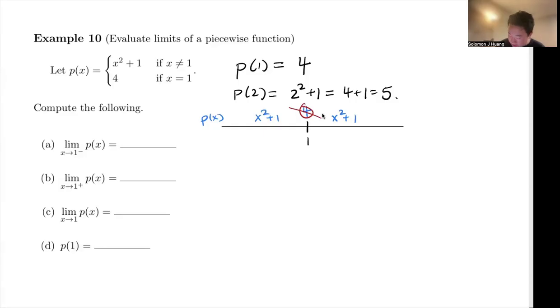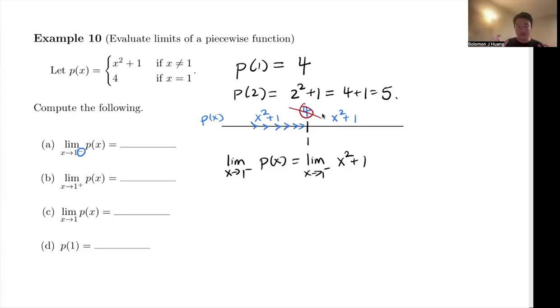For part A, remember, this is the left-hand limit. That means I'm coming from the left-hand side of 1, and everything on the left of 1 is not equal to 1. So the limit as x approaches 1 from the left of P of x is equal to the limit as x approaches 1 from the left of x squared plus 1.